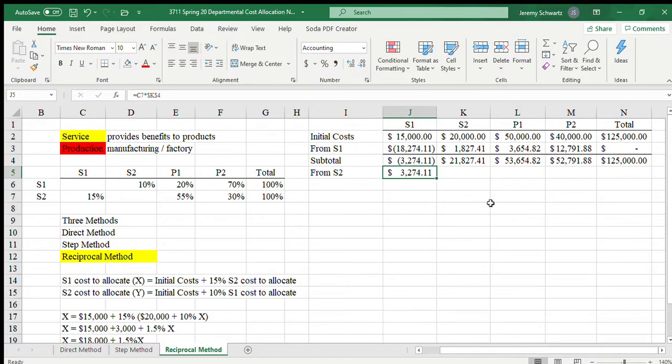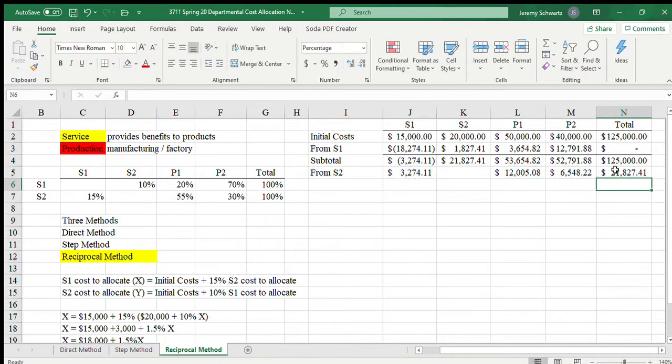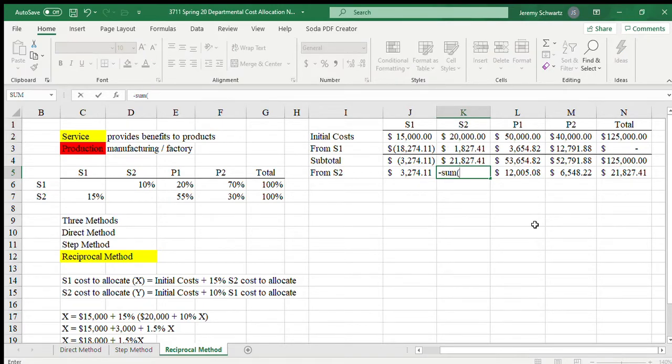So if we then copy this formula over to P1 and P2, and then sum this across, we'll see that we have 21,874 allocated. Of course, that is exactly what we have in Service Department 2, the cost to allocate.